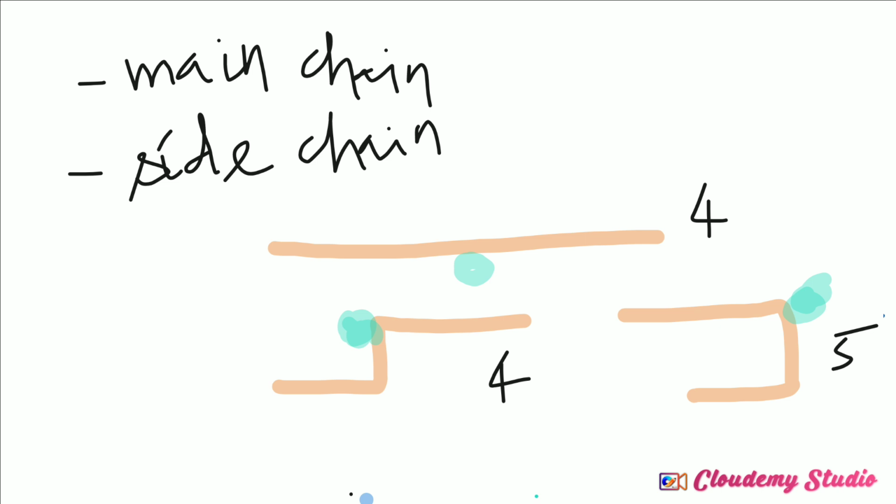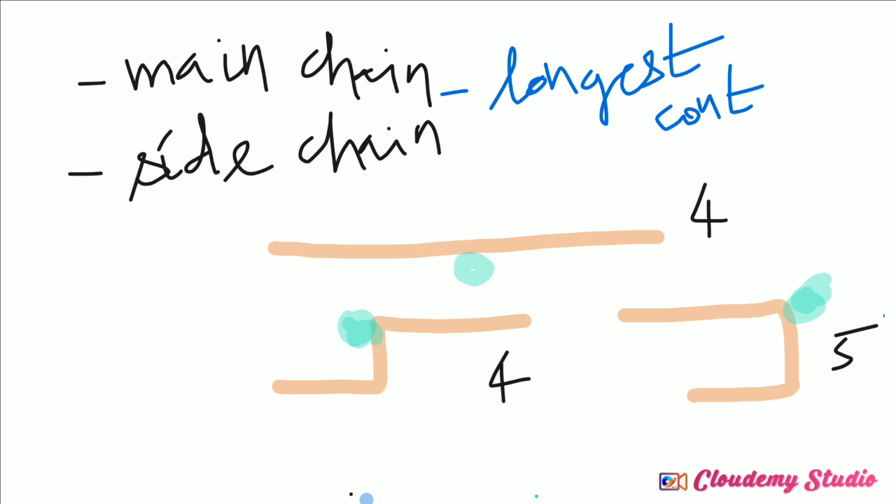Now which has to be taken as the main chain? We need to find out which is the main chain and which is the side chain. The condition for the main chain is that the chain has to be the longest, and it has to be continuous. Only the longest continuous chain is considered as the main chain.